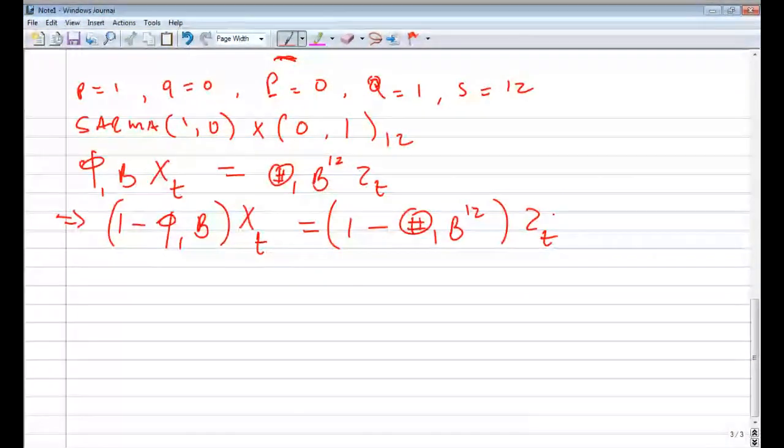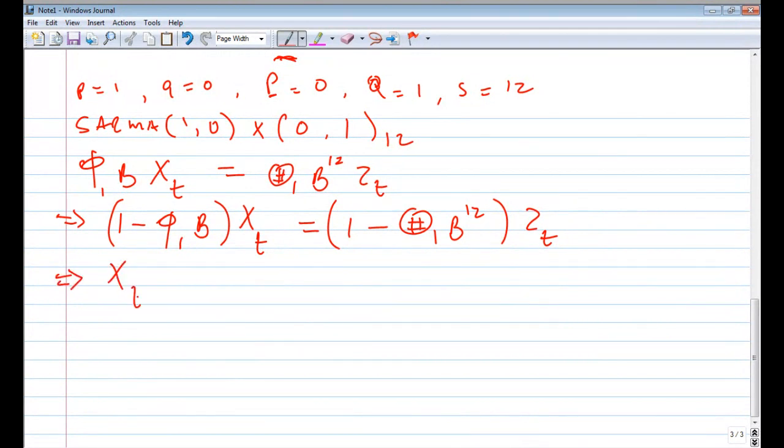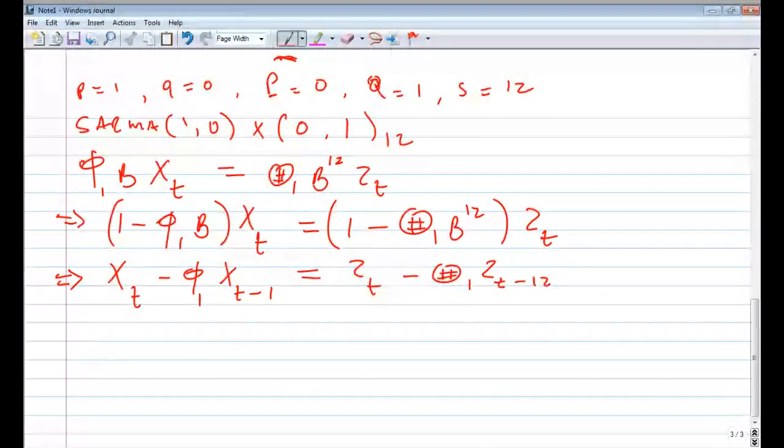If you just want to write it in a normal way, you can continue and write xt minus phi 1 xt minus 1, which is equal to Zt minus capital theta 1 Zt minus 12. So this is the process that we've been looking for. Okay, that's SARMA now.